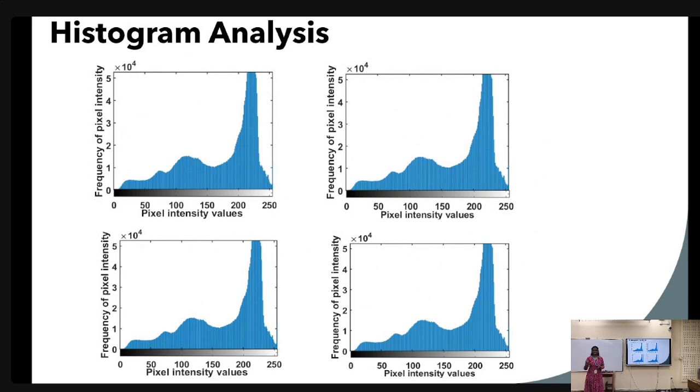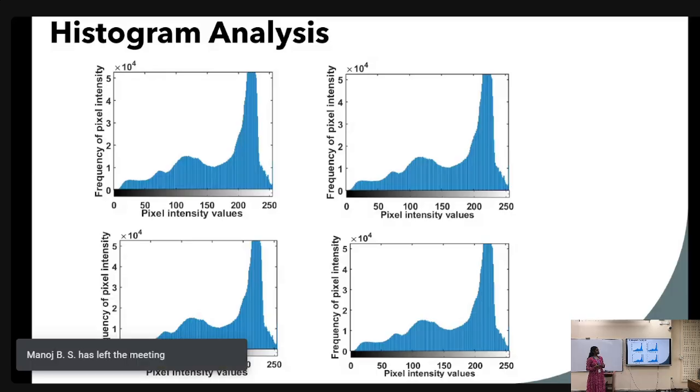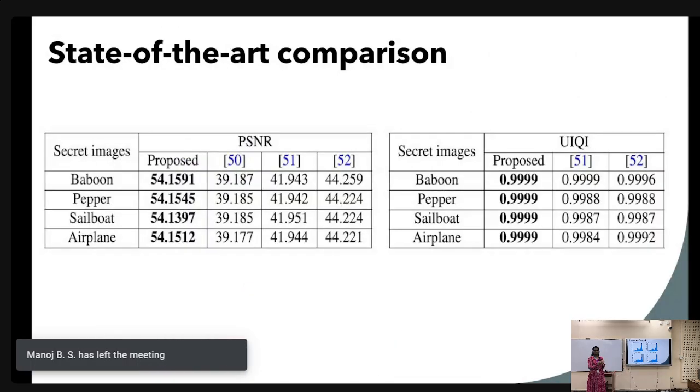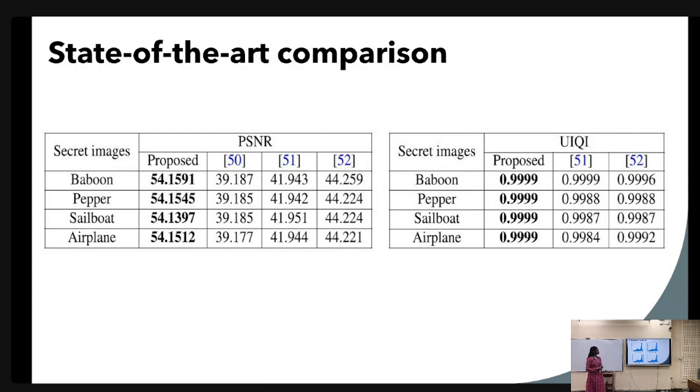The first one is the histogram of the cover image, and the second is the histogram of the stego image generated using LSB, DWT, and spread spectrum. We can see there is no change in the pixel values between the cover image and the stego image. These values are also from standard images compared with existing algorithms.